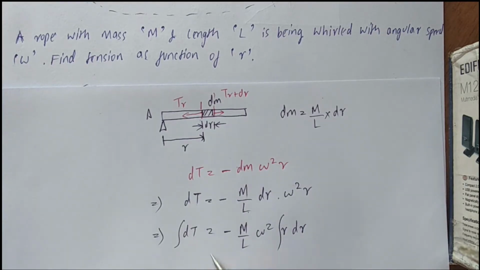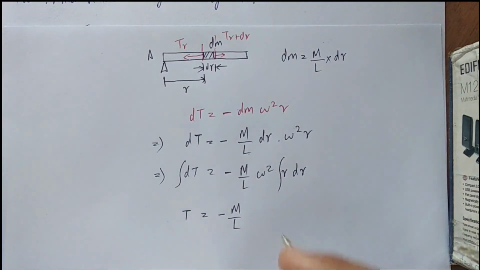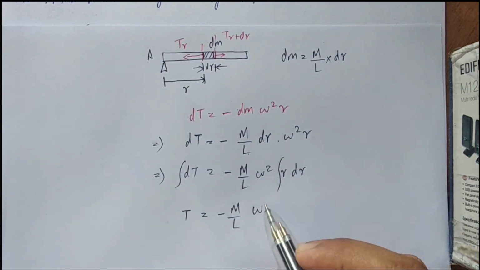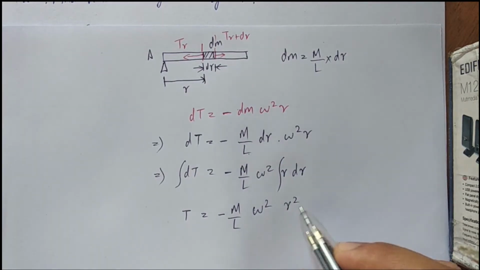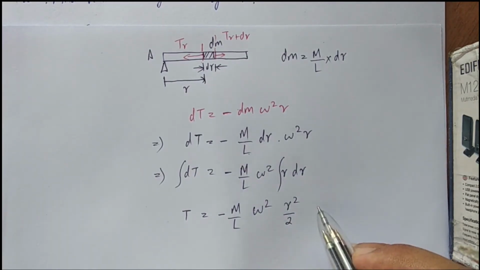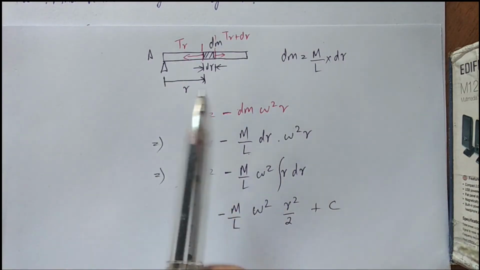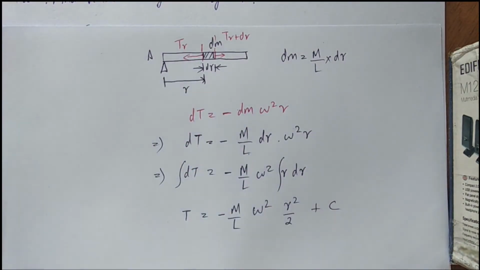Now when you integrate, this will come out to be T equals minus M by L omega square, r square by 2 plus C. Now we need to use the boundary condition to find the value of this constant.